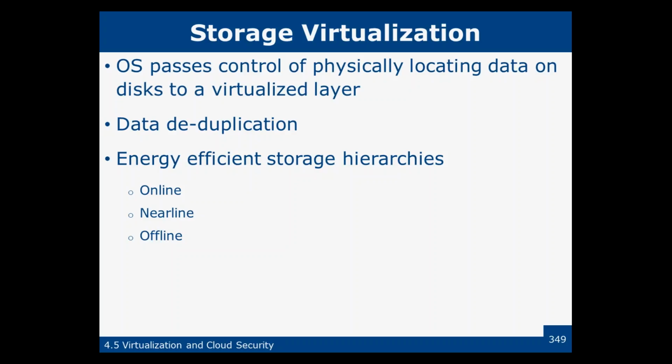An advantage here is that we can use data deduplication. What it will do is preserve one physical copy of a file that appears many times on a system and is exactly the same.